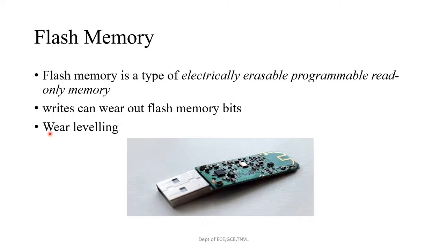This is called wear leveling. Of course, wear leveling decreases the performance of the flash memory, but without wear leveling, we can't improve the performance of writing into the memory. Flash controllers that perform wear leveling also perform other important roles, like mapping out the memory cells that were manufactured incorrectly.